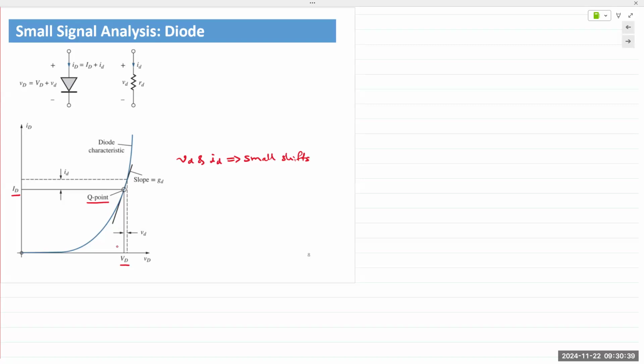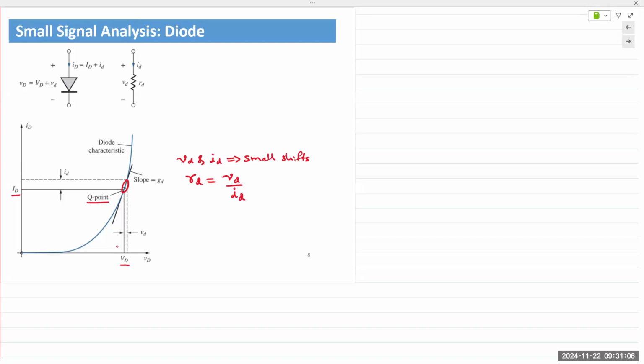So let's apply Ohm's law. What do we get? RD is simply the ratio of VD over ID. That's the diode resistance RD. Again, we are treating it as linear. It's a very small section right around the Q point, and because it's small enough, we can treat it as linear.